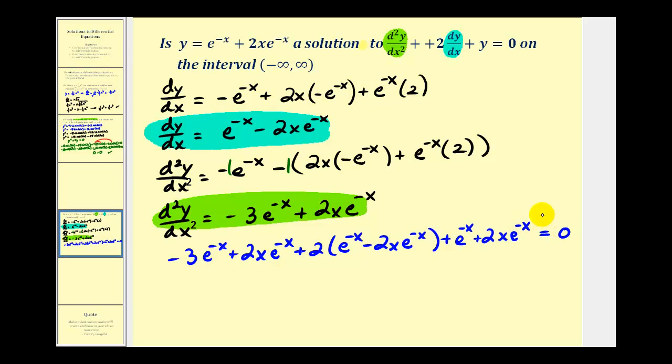If this is true, then our function is a solution. If it's not true, then it's not. Let's go ahead and clear our parentheses and see if this is equal to 0. So we have plus 2 e to the negative x minus 4x e to the negative x.